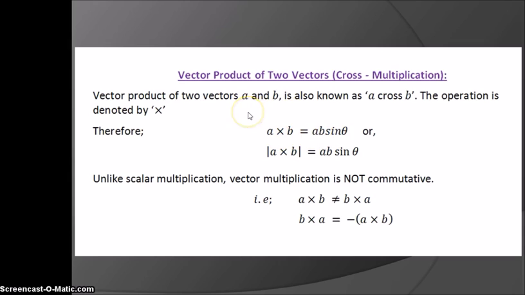In the case of dot multiplication, we had a dot b is equal to ab cos theta, but in this case it's sine theta. So that is just the difference between cross multiplication and dot multiplication. Unlike scalar multiplication, vector multiplication is not commutative, meaning that a cross b is not equal to b cross a. Rather, b cross a is equal to the negative of a cross b.